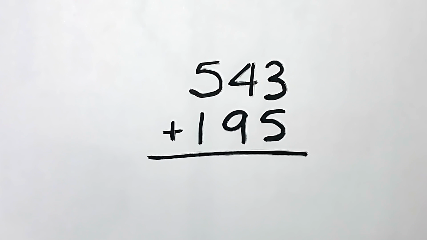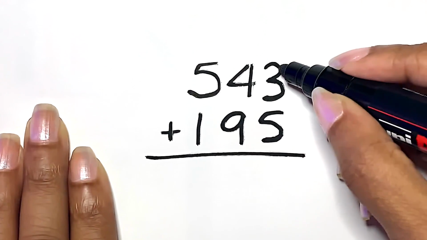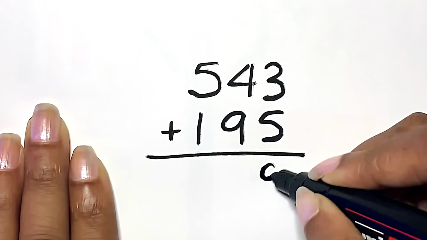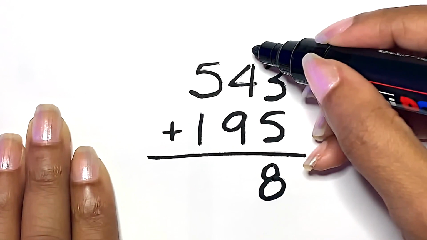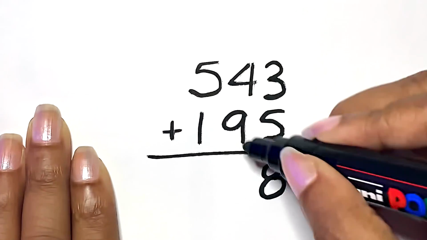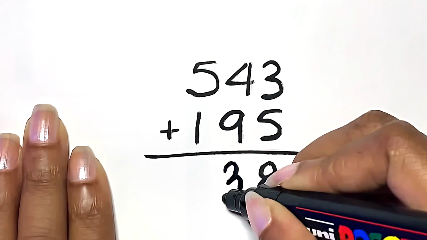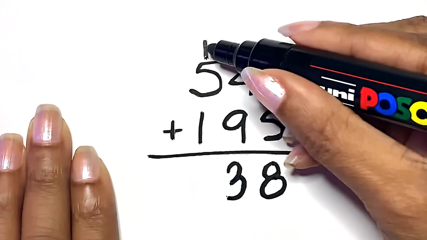Alright, now we're going to solve this next addition math problem. This math problem is 543 plus 195. So we're going to be adding a 3-digit number plus a 3-digit number. 3 plus 5 gives us 8. 4 plus 9 is 13, so we write down a number 3, and we carry the 1 over the 5 here.